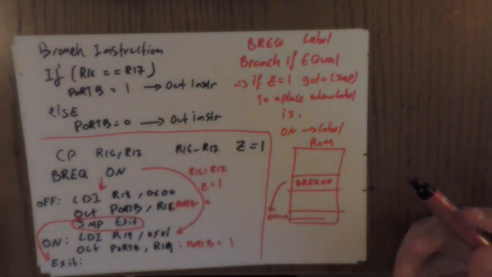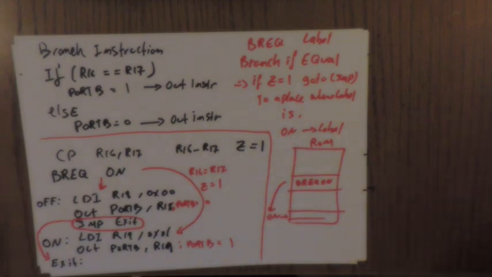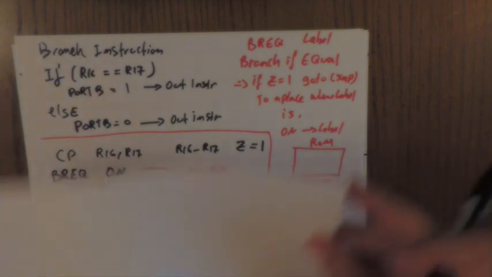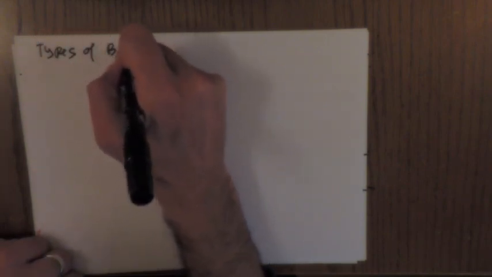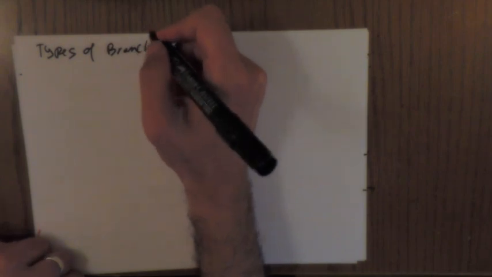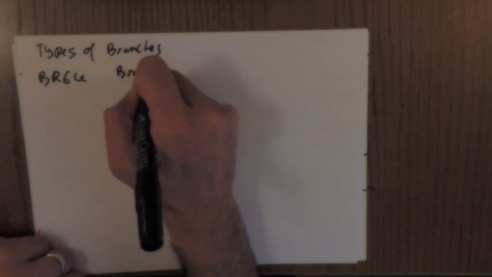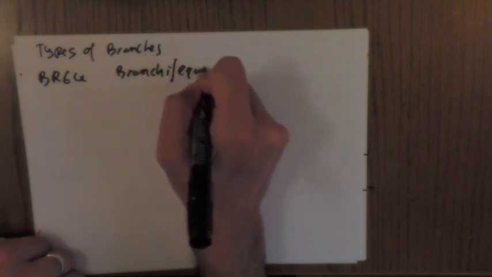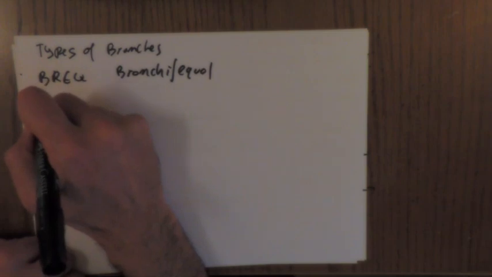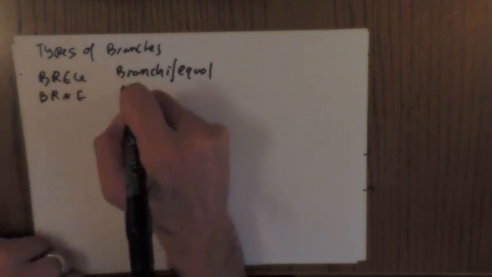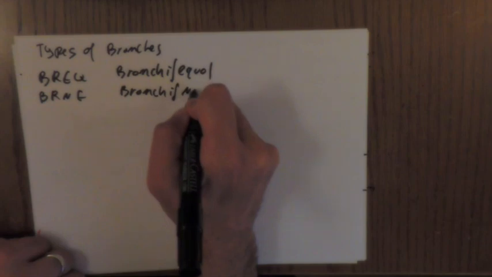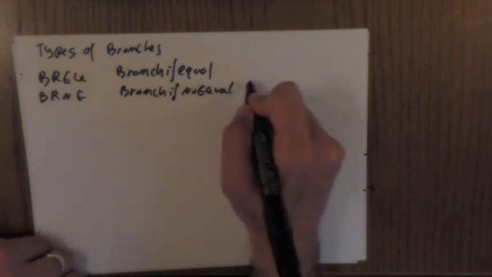Okay, so we have many different types of branch instructions. I'm going to do a table with them. Types of branches. We have BREQ, branch if equal, when the two numbers are equal, Z equals 1. BRNE, branch if not equal, in this case Z equals 0.